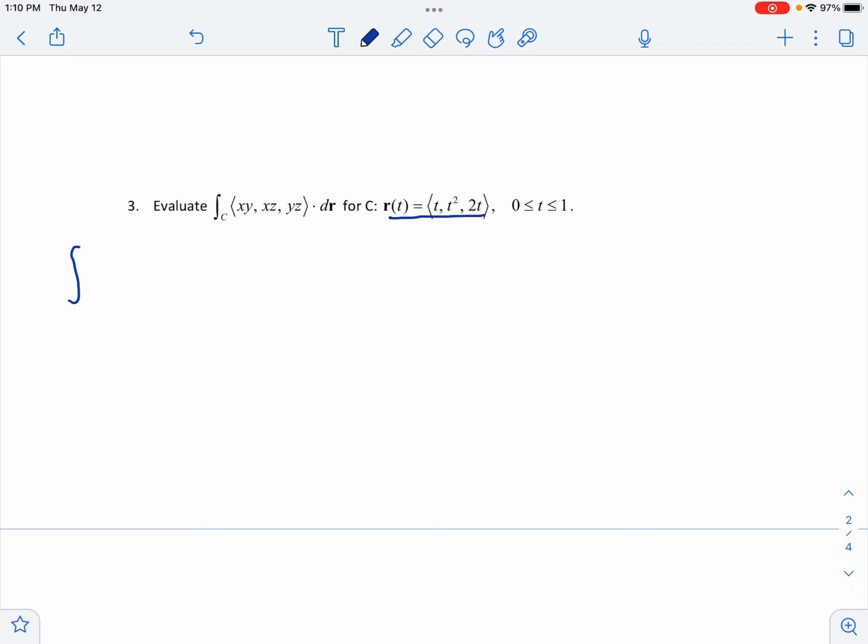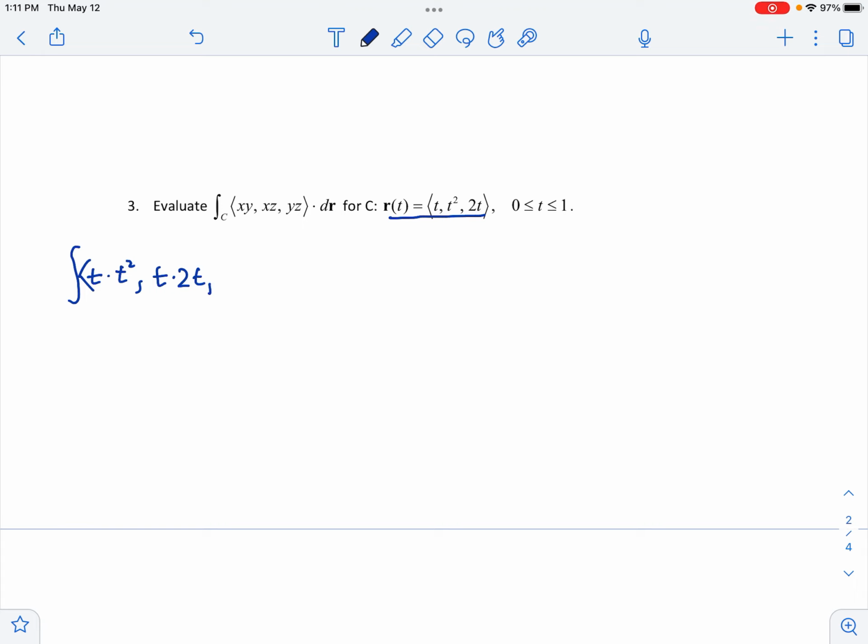Now, I've got x, y. So in place of x, I'm going to put a t. And in place of y, I'm going to put a t squared. See? In place of x, I put t. And in place of z, I put 2t.